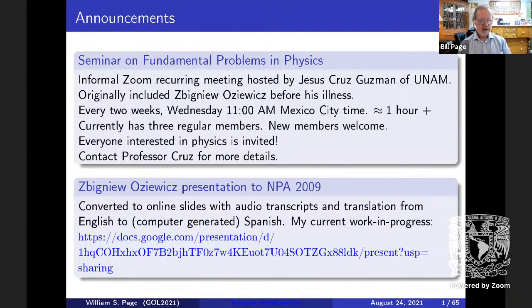In fact, their goal is to look at major alternatives to conventional physics, and in particular, they are critical of relativity theory, of quantum mechanics, and a lot of mainstream physics. But it's probably sort of a comment on the difficulty that Zbigniew had in actually presenting his ideas on relativity, that he ended up giving a presentation to the NPA.